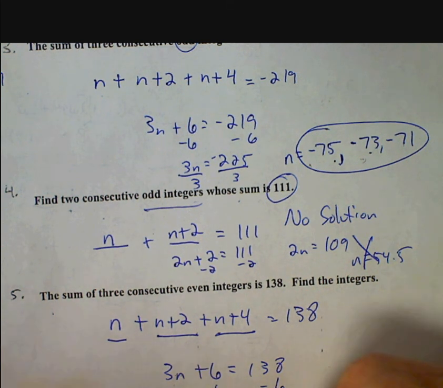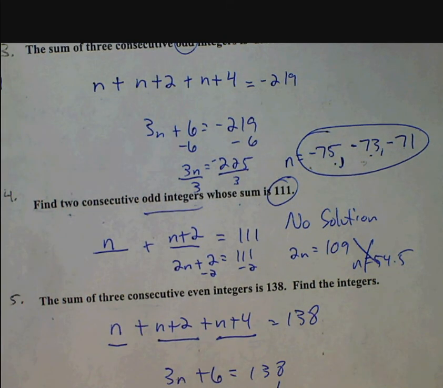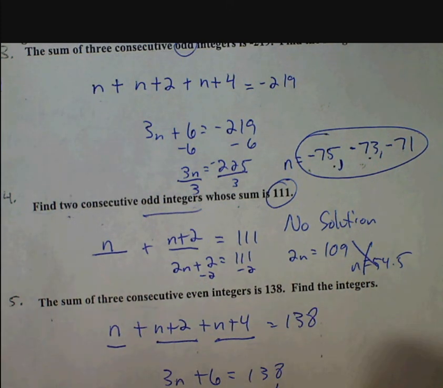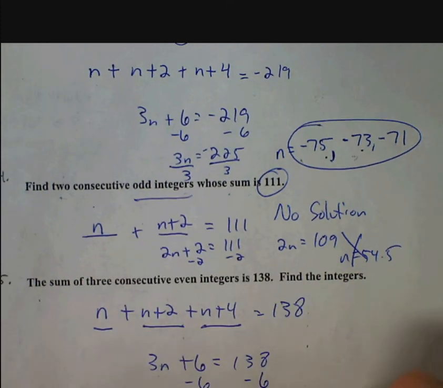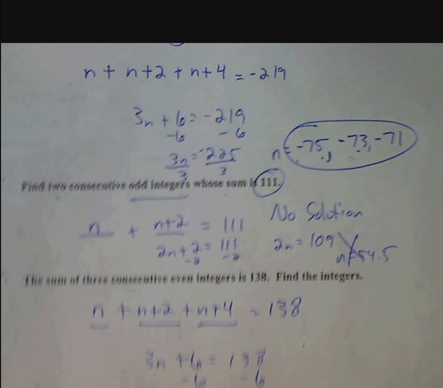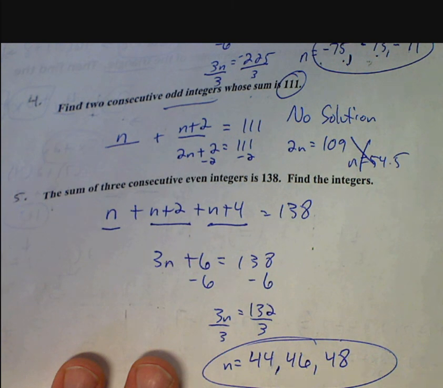If I divide by 3, 132 divided by 3 gives me 44. My first even number is 44, so then next would be 46 and 48. If I add those to double check, that would be three even integers that add up to 138. And we are done.